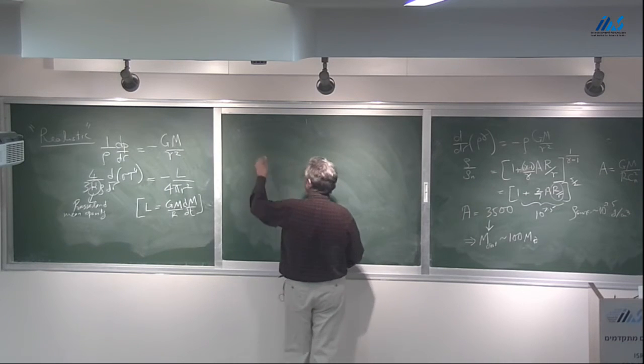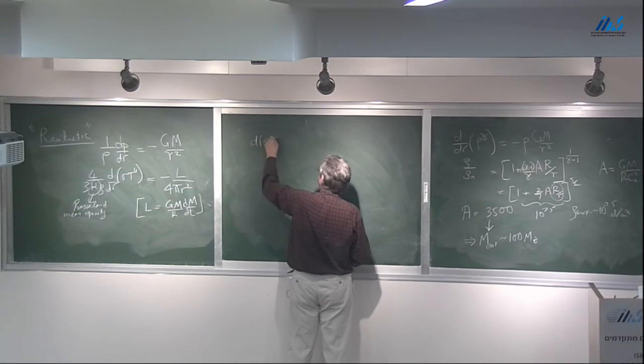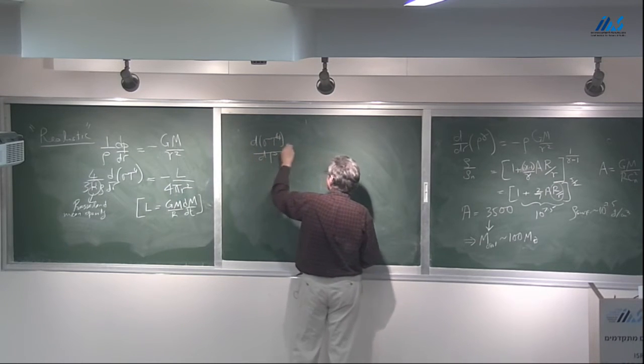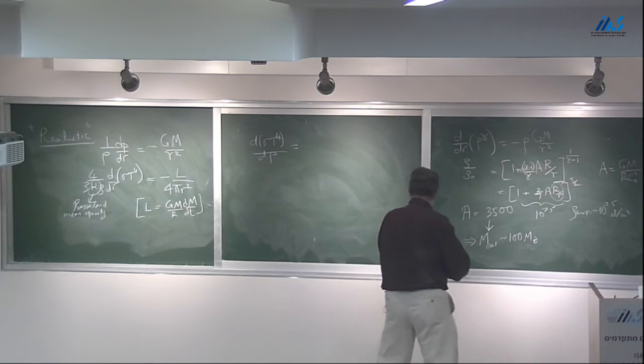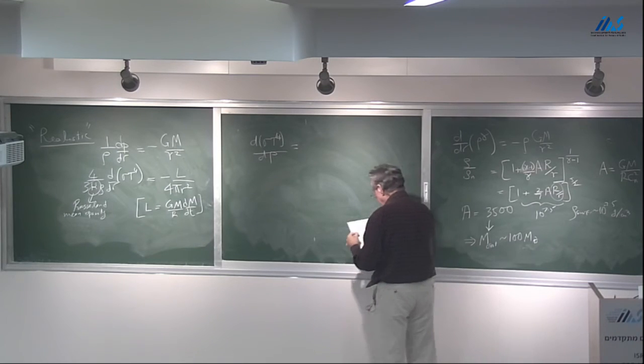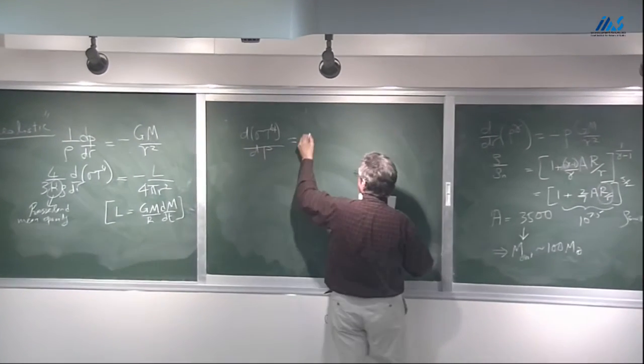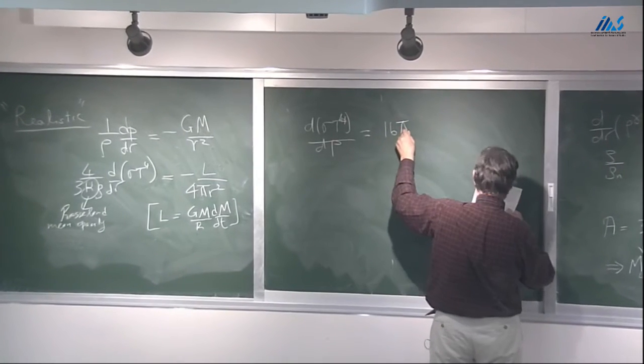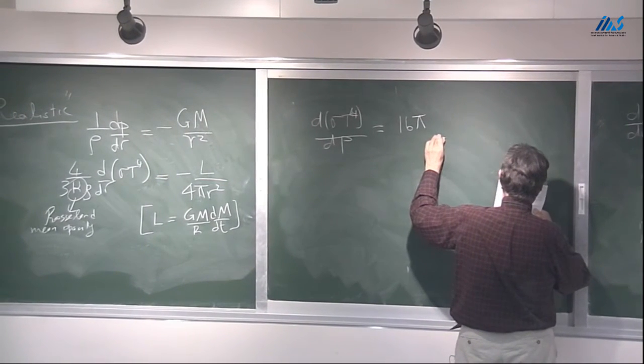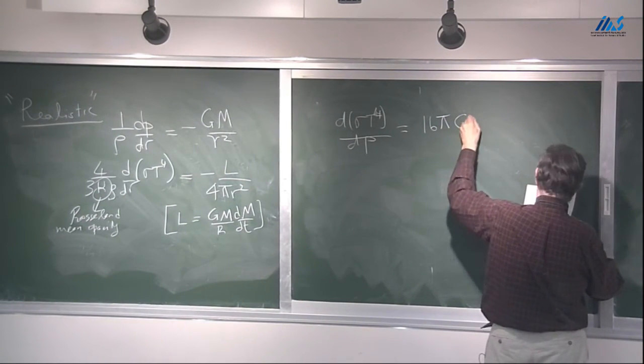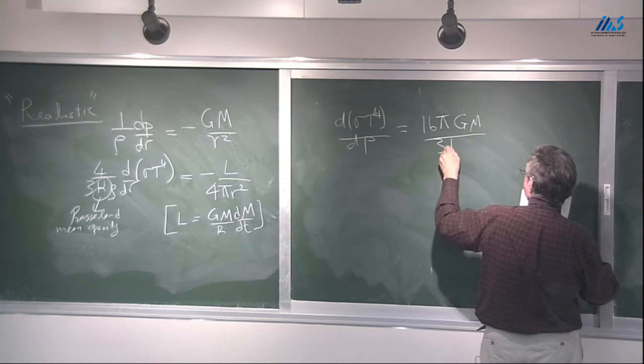So just taking the ratio of those two things, d sigma T to the fourth by dP equals a bunch of things that I'm assuming is actually constant. So this turns out to be 16 pi G m over 3 kappa L.